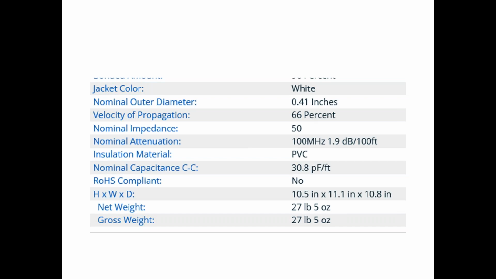It's still very fast. 66% is actually a pretty good number for a cable, but just bear in mind, when that RF signal is going through the cable, there is always going to be loss. In this case, it's going to be slowed down to 66% of the speed of light.